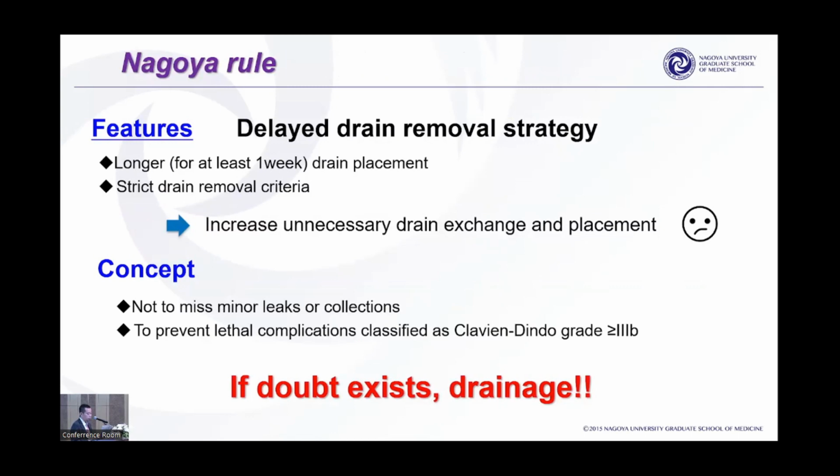It is problematic, but the concept of the Nagoya rule is not to miss even minor leaks or collections and to prevent lethal complications, classified as grade 3B or more, and better to rescue. If doubt exists, drainage is our policy.